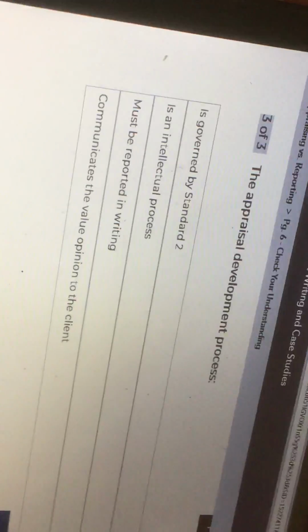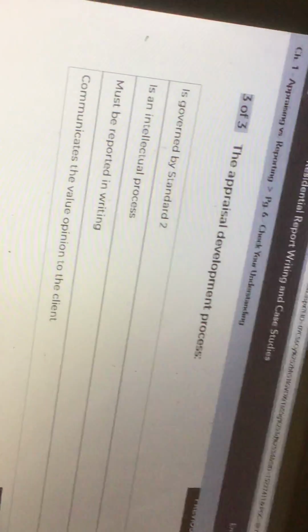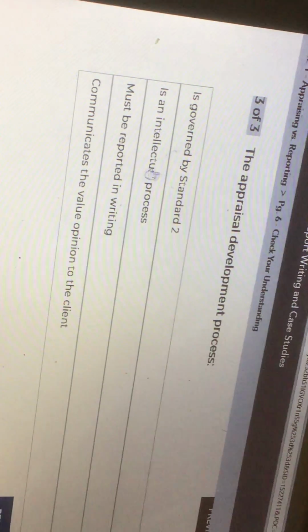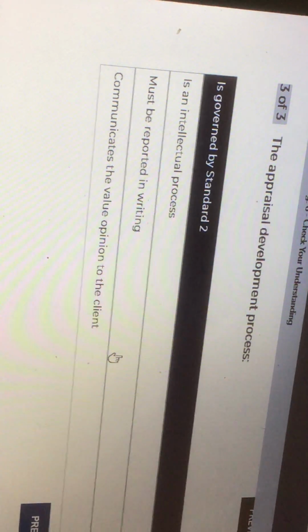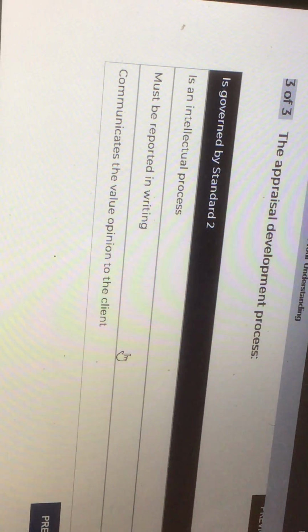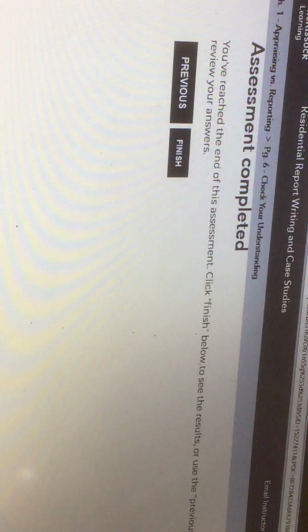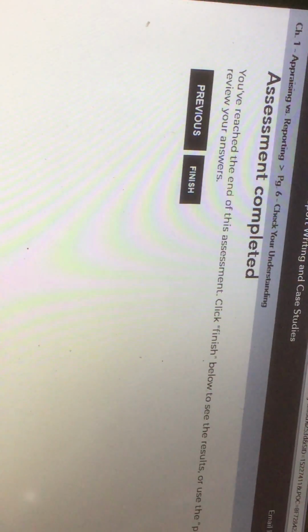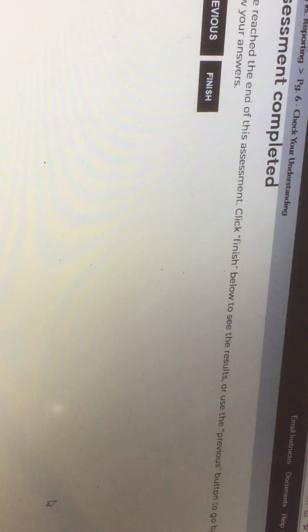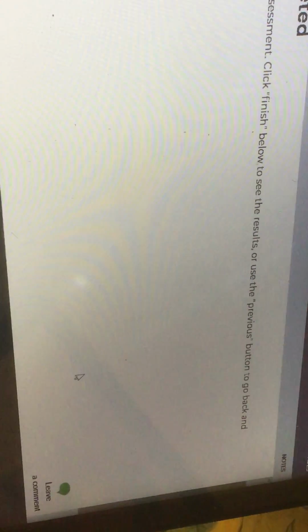I'll go with is governed by Standard 2. I'm not 100% on this one though. Assignment completed. You've reached the end of this assessment. Click Finish below to see the results, or use the previous button to go back and review your answers. I'm going to go to Finish.